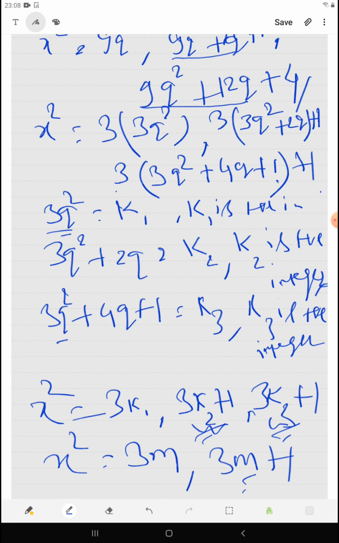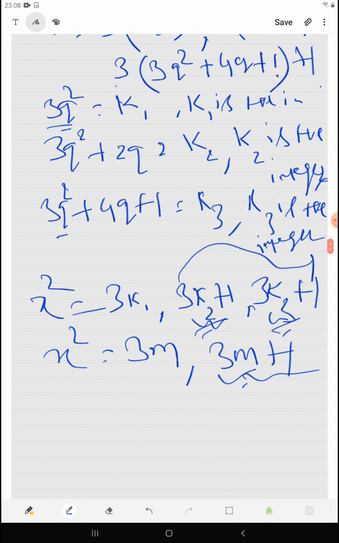So both correspond to one thing only: multiply a positive integer with 3 and add 1. Its value might be different, but it corresponds to 3 multiplied by some positive integer plus 1. So you can see that x square can be represented in the form of 3m and 3m plus 1. Okay, so let's do the last problem.